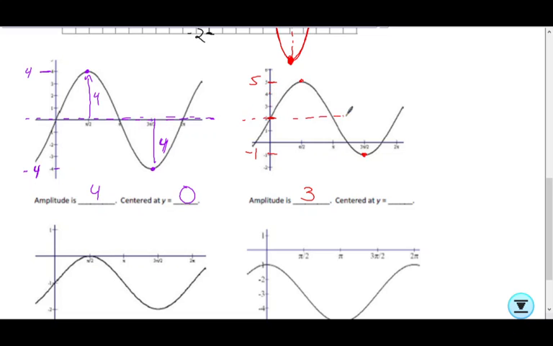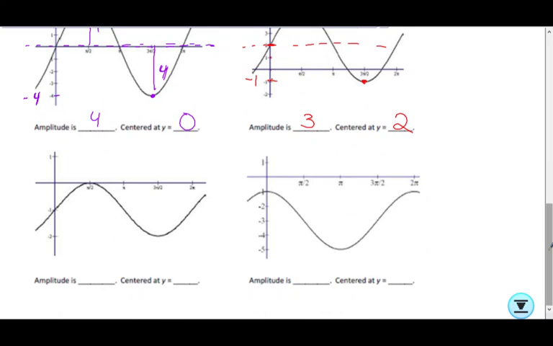This should be where my center line is. And same thing here. 1, 2, 3. Should be right in the middle of my maximum and my minimum. So my center line is at 2. And you probably could have figured out it was at 2 just by looking at it. Like it's basically we're saying, where is the middle? Okay, really easy stuff. Not too difficult.